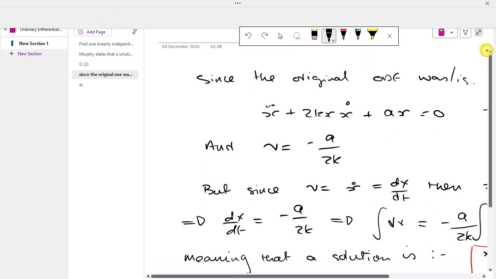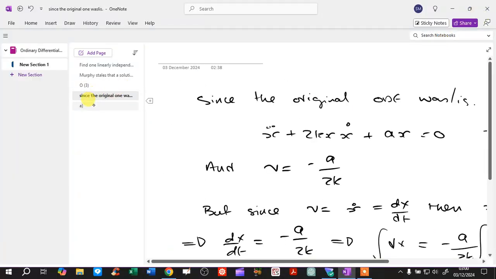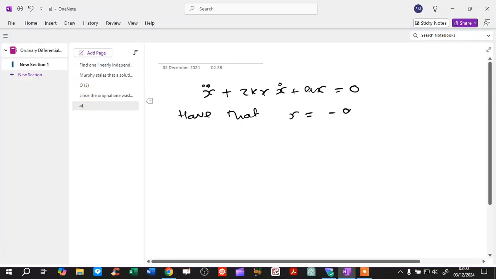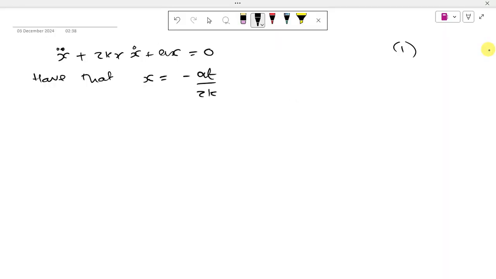Where's it gone? There we are. So x equals minus at over 2k. Right. Minus at over 2k. So I'm saying that the solution to equation 1 is this expression here.